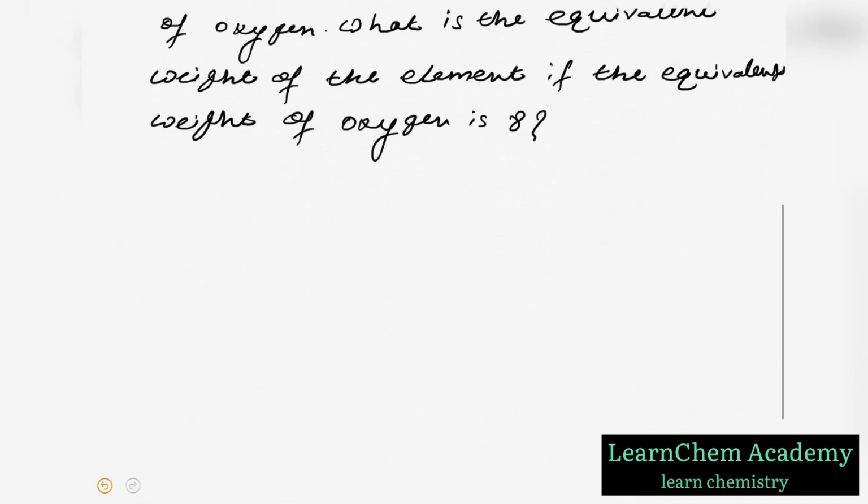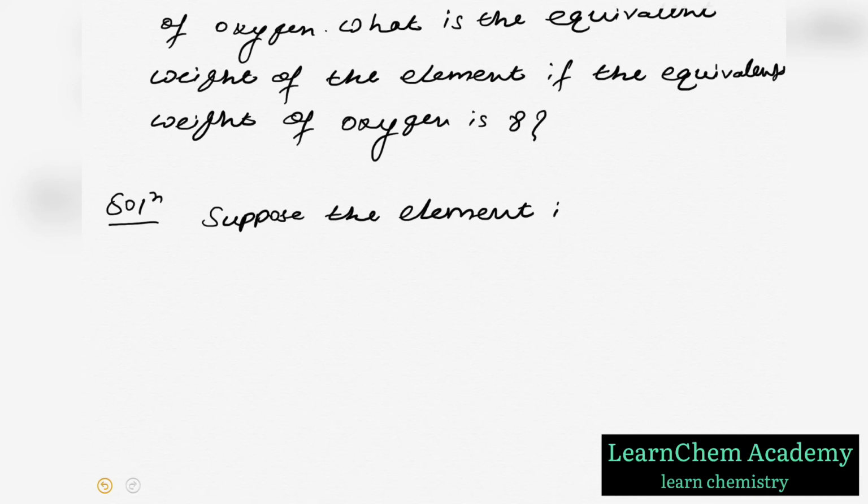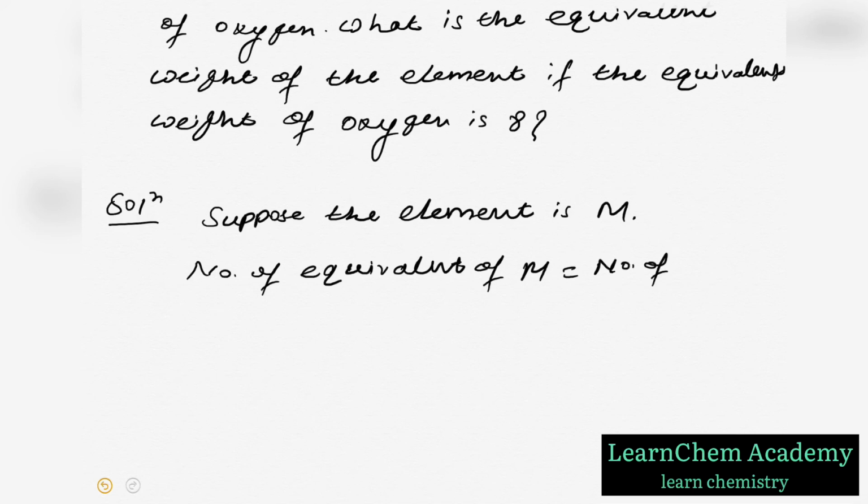Okay, so we can solve it. Suppose the element is M, and the number of equivalents of M is equal to the number of equivalents of oxygen.